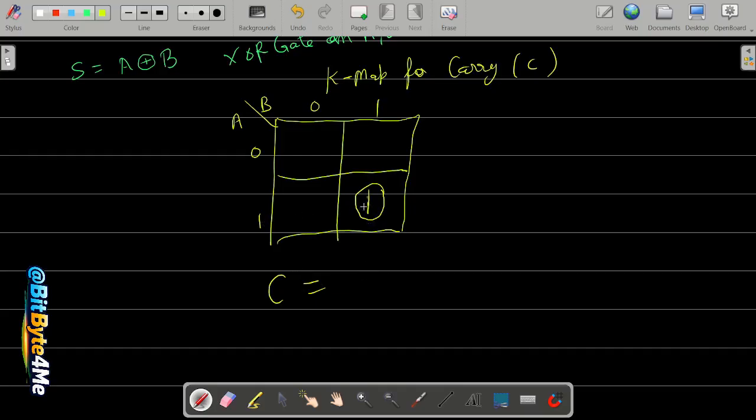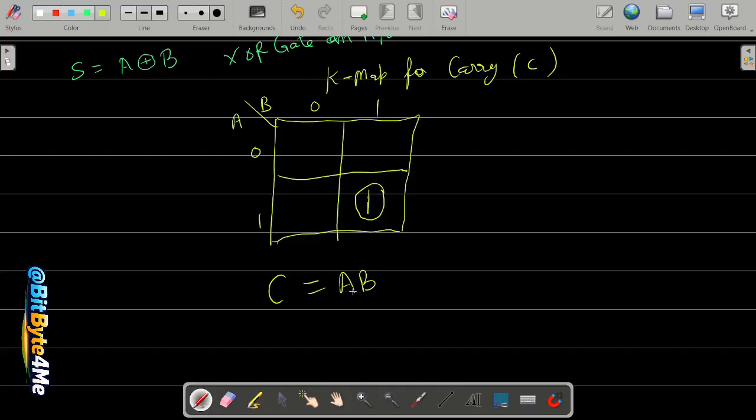So C is equal to, for this 1 we have value 1 of A, so we will write A, and on this side we have a value 1 of B, so we will write B. So for value 1 we write it as it is, meaning we don't use the complement, and if it had been 0 we would have written A bar.